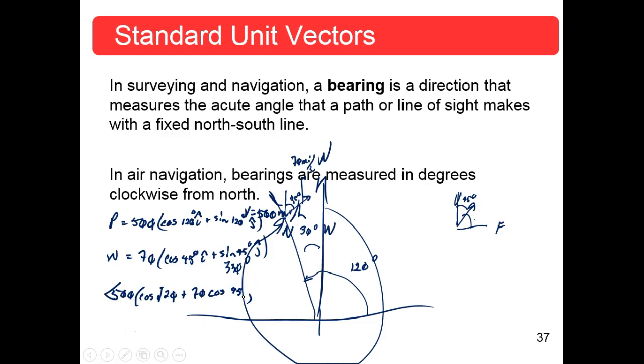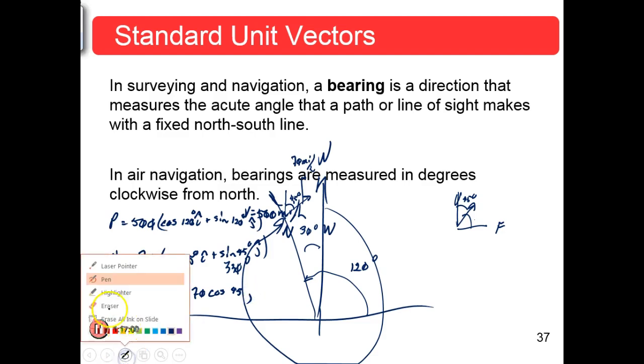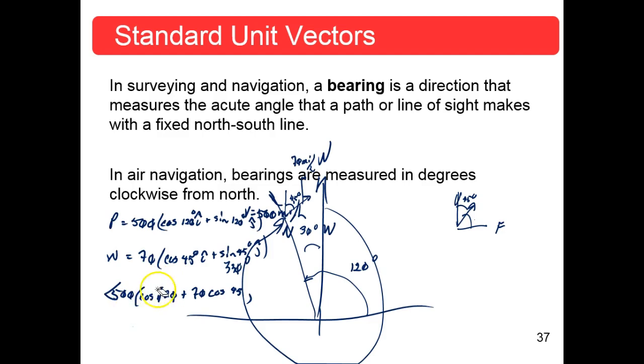That's going to be the i component, the x component, the horizontal component of the resultant. All right. And the y component is going to be 500 sine of 120 degrees plus 70 sine of 45 degrees.